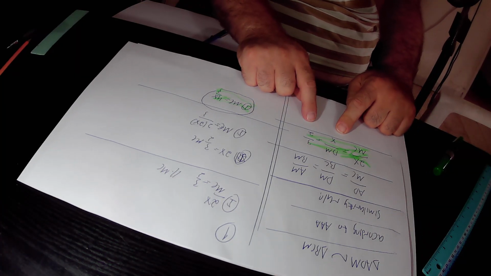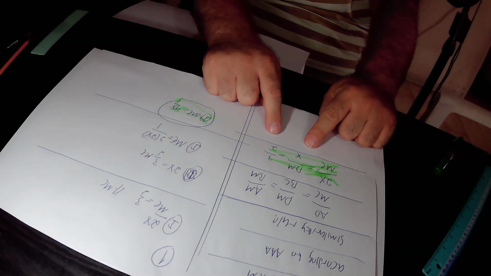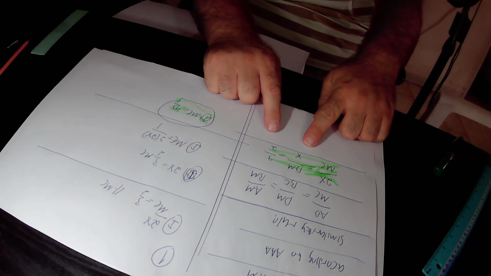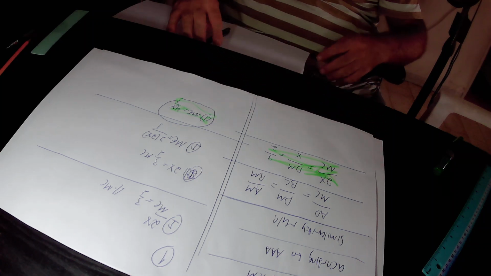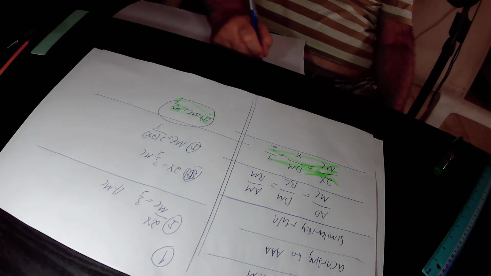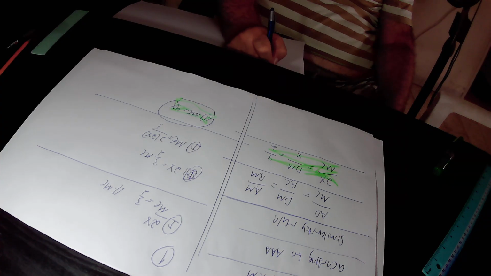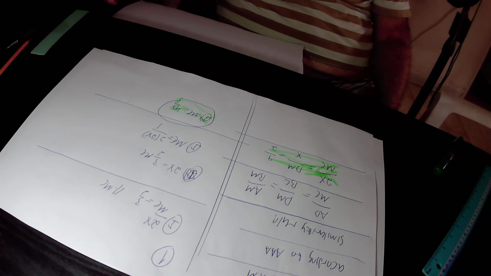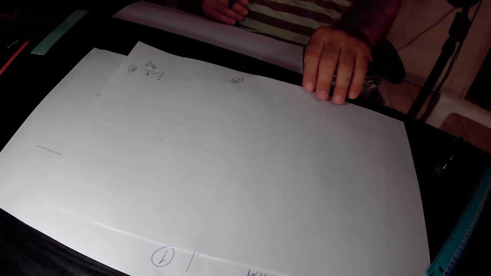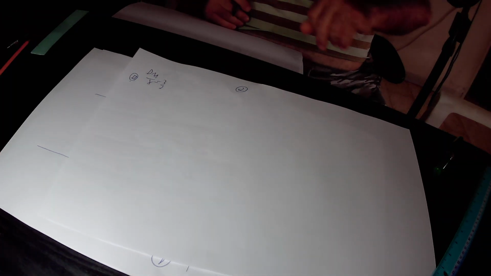Those two expressions are also equal to each other. Therefore, we get equation 2 from those two expressions. According to equation 2, DM over x equals 3 halves.